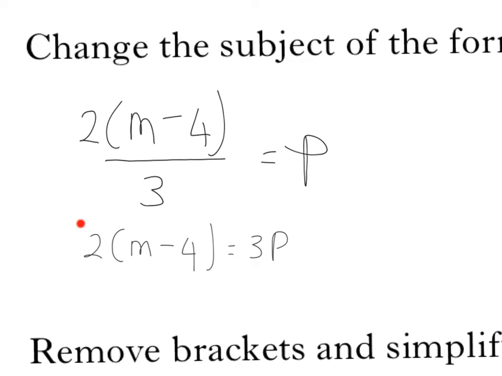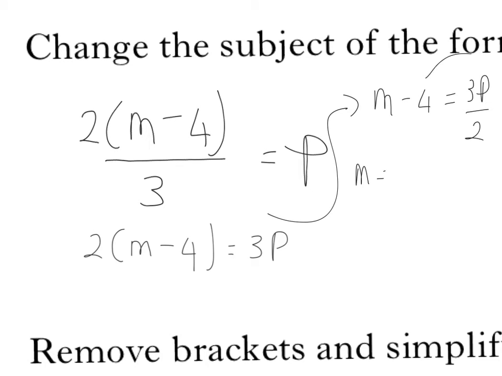So I can get rid of multiplication by 2 by dividing through by 2. And that will give me m minus 4 is equal to 3p over 2. Finally, get rid of minus 4 by bringing it across and making it plus 4. And it's 3p over 2 plus 4, and that is the final answer.